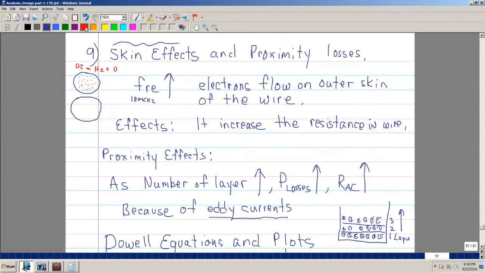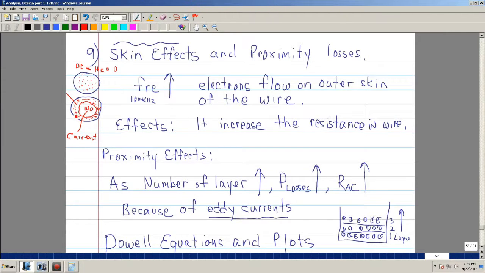As the frequency goes up, the electrons start bunching up on the outer skin. You end up with a center where basically no current, or no electrons, are actually flowing.